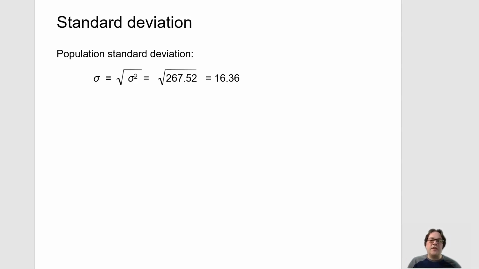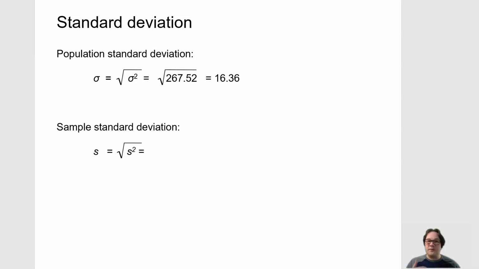Okay, so this is for a population standard deviation. We work with samples largely, and certainly in this class we'll largely be working with samples. So to calculate the sample standard deviation, we'll take the square root of our sample variance.